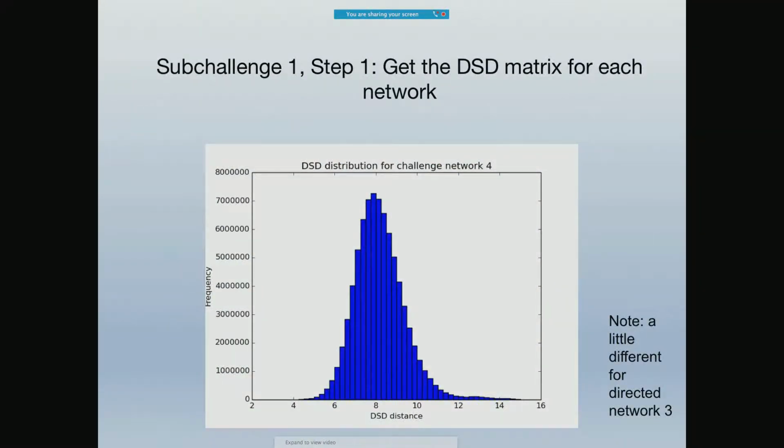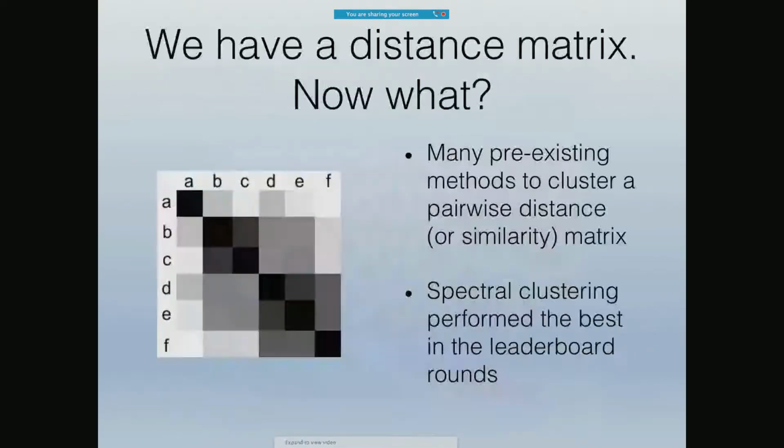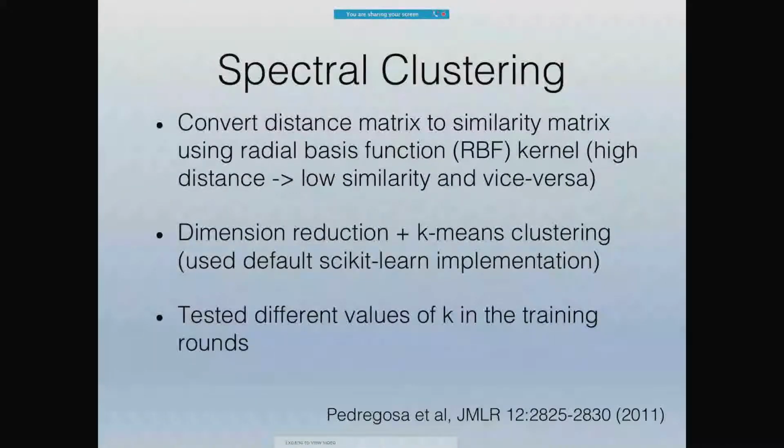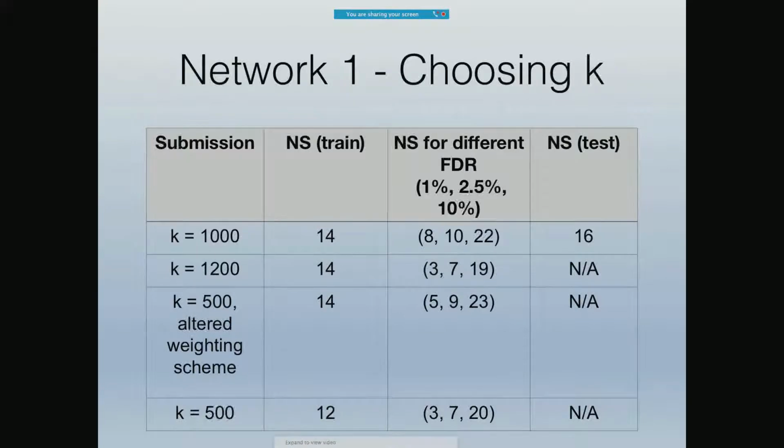But DSD spreads out the distances really nicely. You can talk about a first, second, third closest neighbor, and that makes these methods work better. Right, and once we have the distance matrix, as I said, we just used off-the-shelf methods to cluster it. And so the only thing we used the leaderboard rounds for was training.